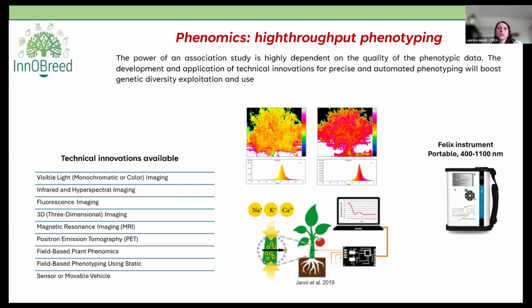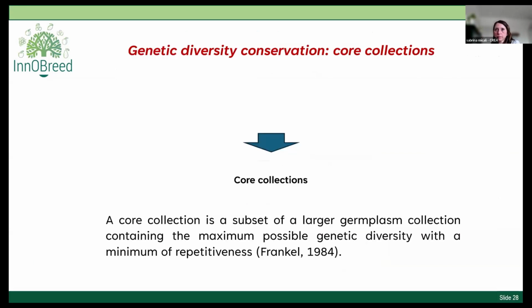And in this sense, the development and application of technical innovation, here is a list of some of them available. Innovations for precisely and automatically phenotyping will certainly boost genetic diversity exploitation, like in experiments like genome-wide association analysis.